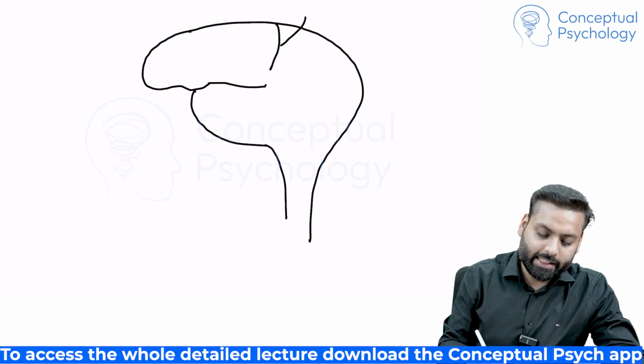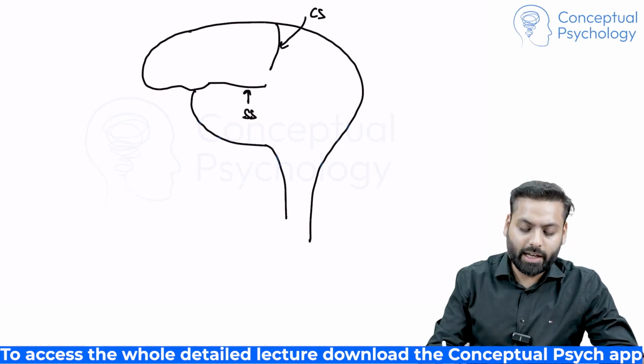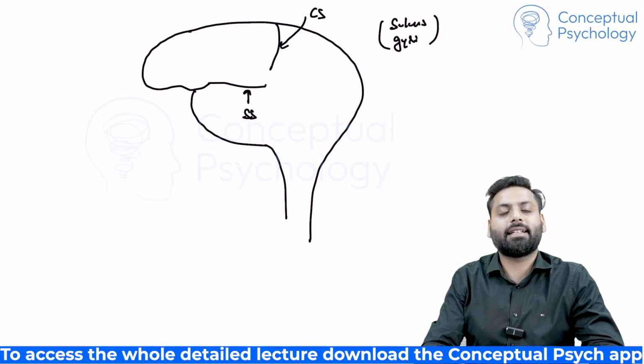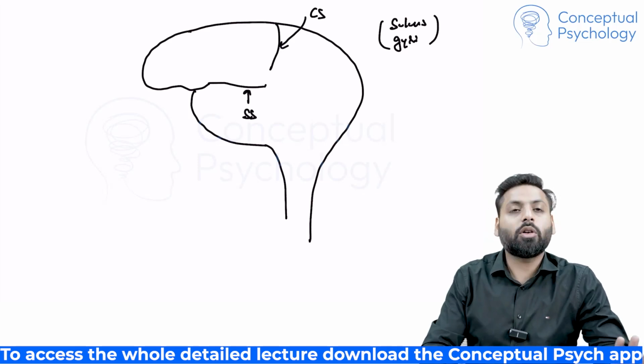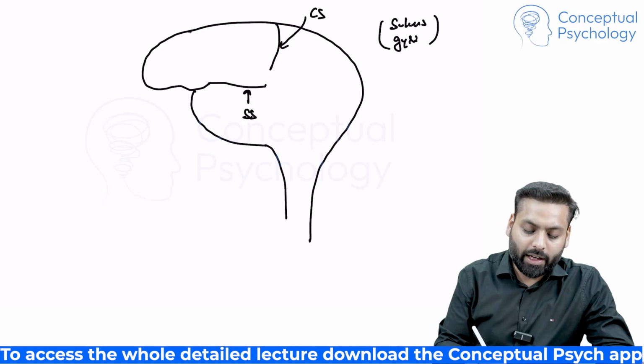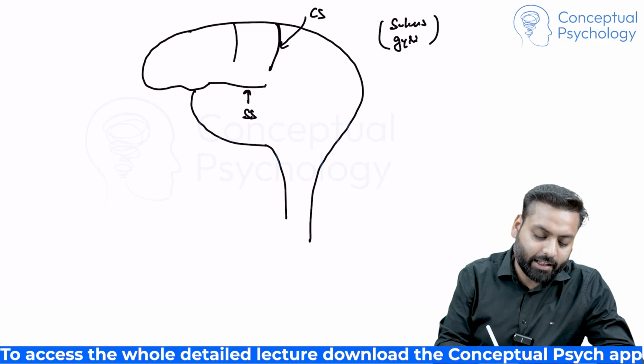So again, this is your central sulcus, this is your sylvian sulcus. You know sulcus and gyri, na? Last lecture only I told you sulcus and gyri. So in the frontal lobe, what all sulcus and what all gyri do you find? The first sulcus that you find in the frontal lobe is the precentral sulcus.